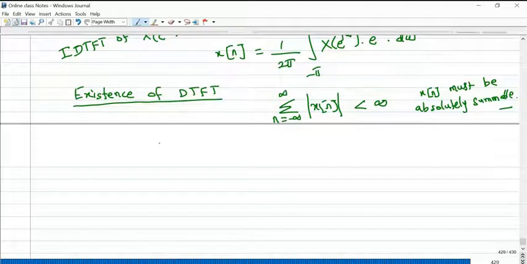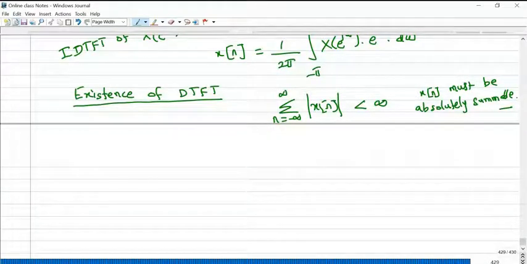How? CTFT and Laplace transform: in a similar manner, DTFT is a transform. DTFT is applicable only for stable discrete signals. With Z transform, we can analyze both stable and unstable signals, but we write some condition called region of convergence.